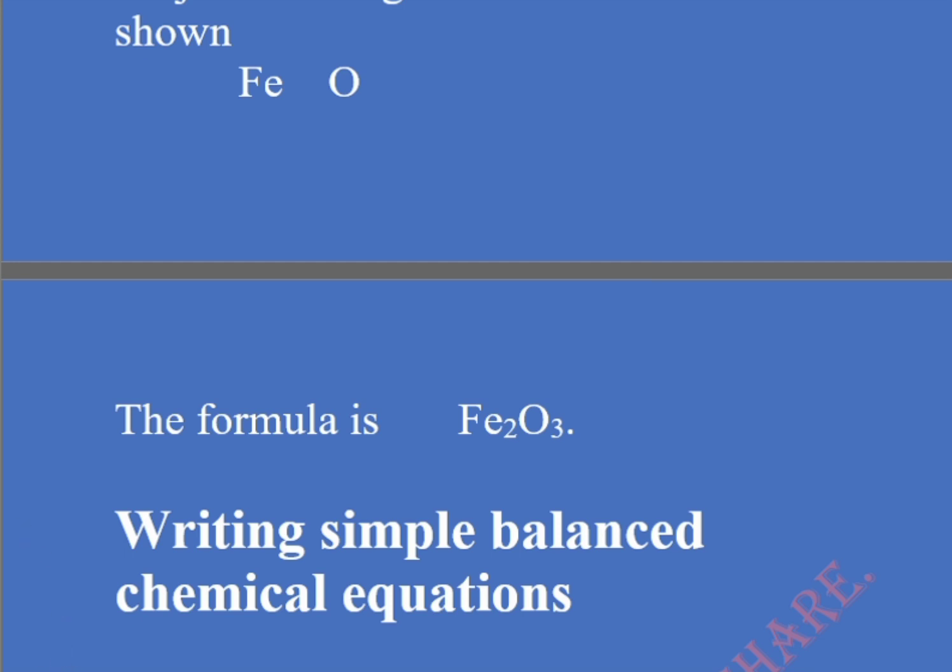Chemical equations. We say that chemical equations are short, clear, and accurate descriptions of chemical reactions.